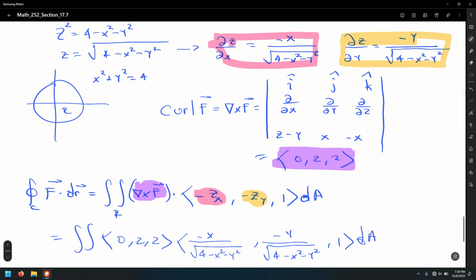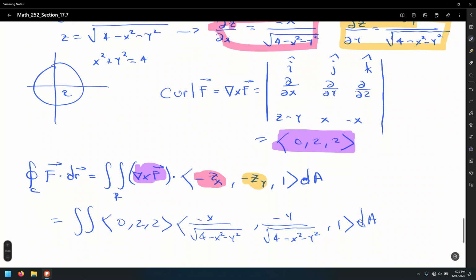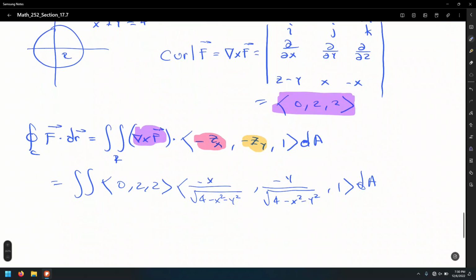All right, we will see how we will iterate this integral. So the next step is to do the dot product component by component. 0 times this first component, that's going to get zeroed out.